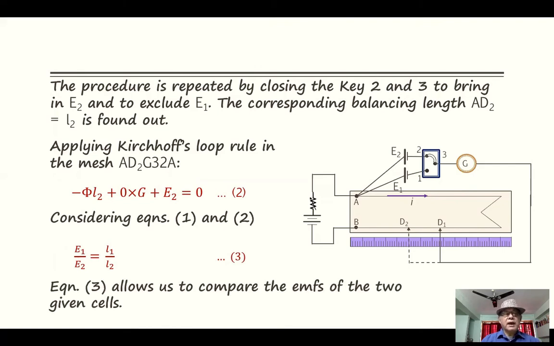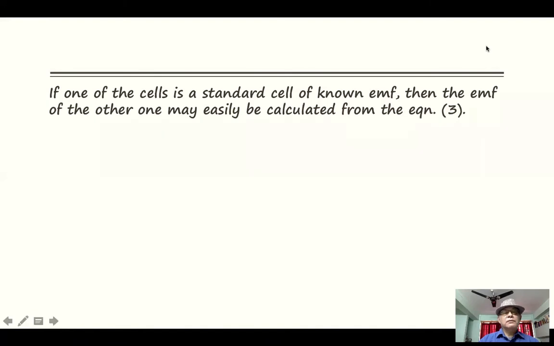Equation 3 allows us to compare the EMFs of the two cells which are given to us. If one of the cells is a standard cell of known EMF, then the EMF of the other one may easily be calculated from equation 3.